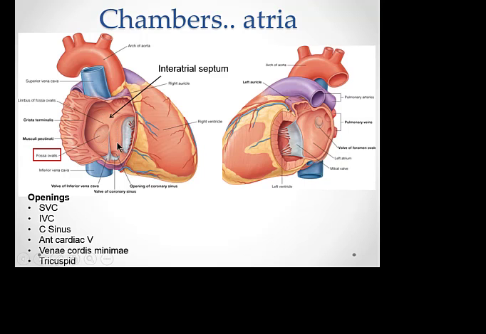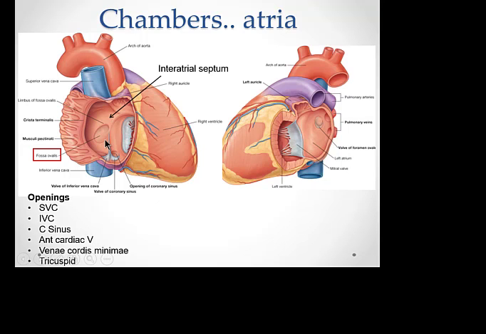The openings that we see in this right atrium: blood from the upper body is brought by the superior vena cava, so the superior vena caval opening. Blood from the lower part of the body is brought by the inferior vena cava, so the inferior vena caval opening. Then blood from the myocardium of the heart itself is brought by the coronary sinus, so this is the opening of that coronary sinus.